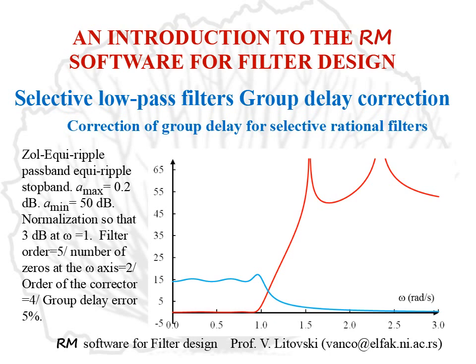The amplitude characteristic are renormalized so that at the band edge the filter to have 3 dB. It is a 5th order filter with 2 zeros at the omega axis. The corrector is the 4th order and the group delay error is 5%.